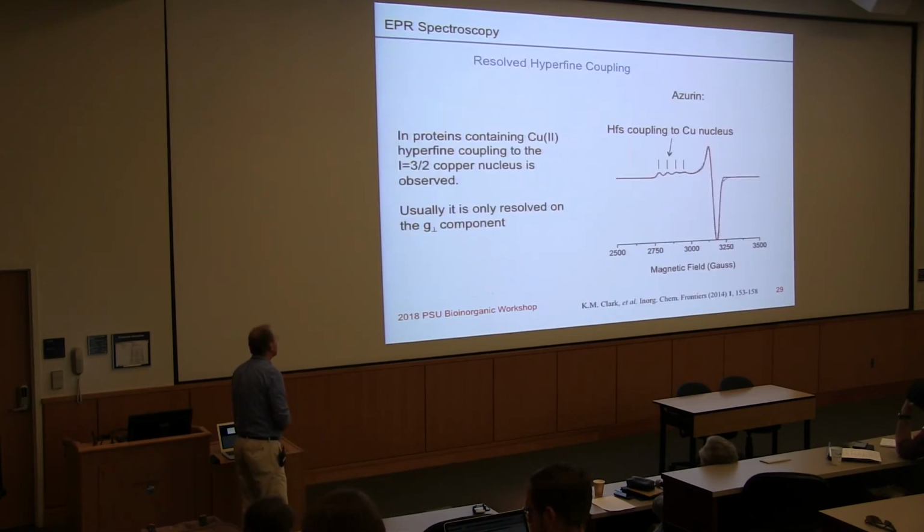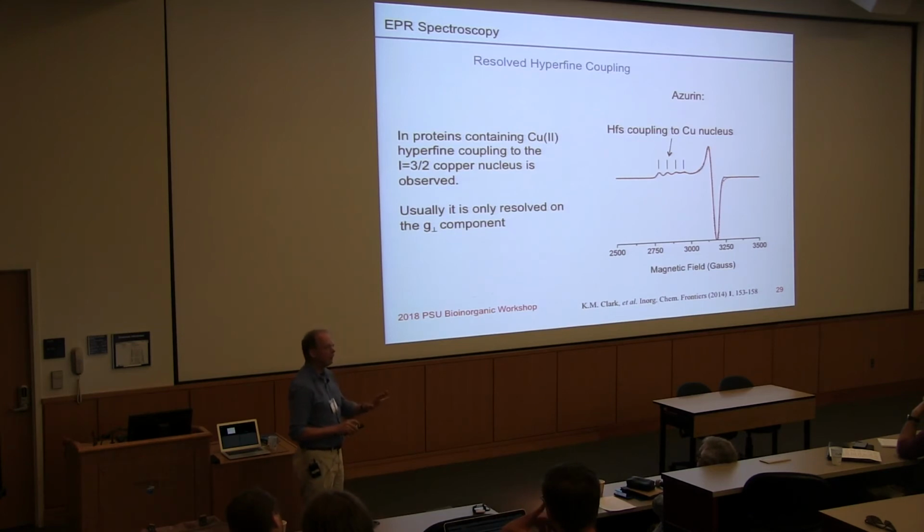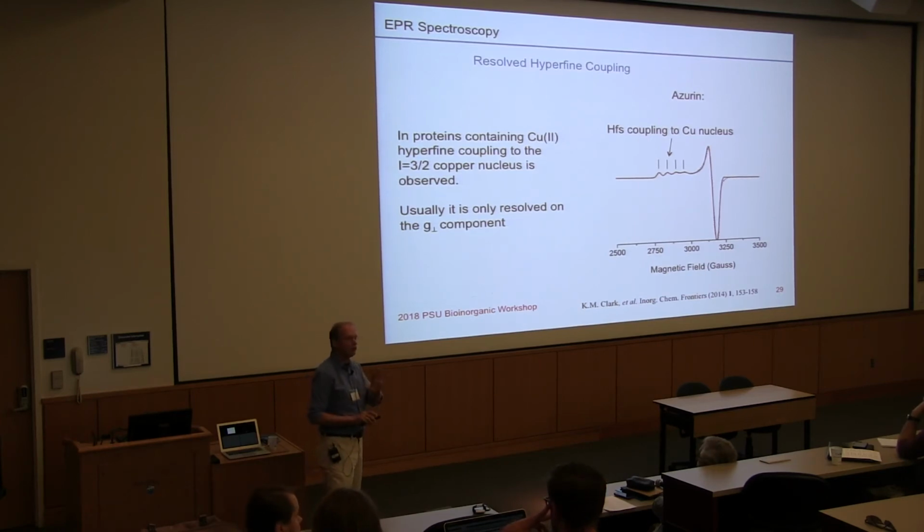So as an example, here's the EPR spectrum of azurin with a copper 2 in it. And what we see is that on one of the g factor components, the gz component, you can see 4 peaks due to the hyperfine coupling to the copper nucleus, right? The copper nucleus has a spin of 3/2, and so this part of the spectrum gets split into 4 due to the hyperfine coupling.